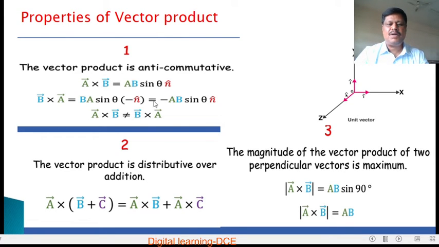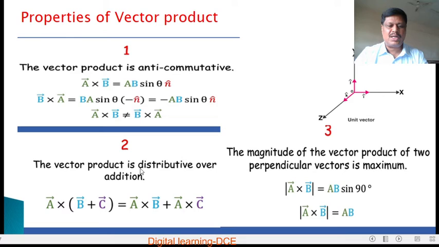So it is given by minus AB sin theta into n cap. Therefore, A cross B is equal to minus B cross A, and A cross B is not equal to B cross A because their directions are opposite to each other.